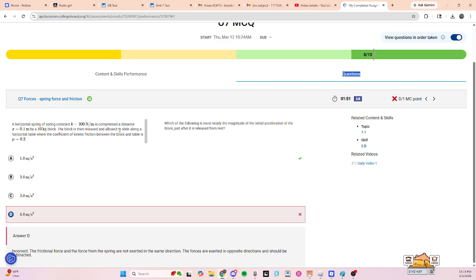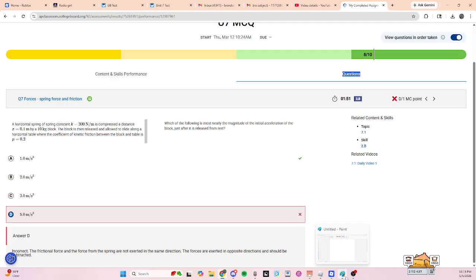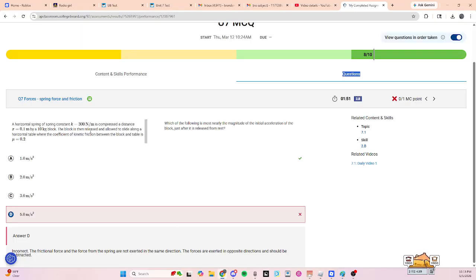Okay, I believe I remember this question. Hold on. I think we do our free body diagrams mostly horizontal. Let's say it's going towards the right. We have the spring pushing it to the right.